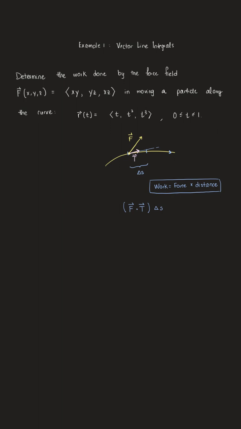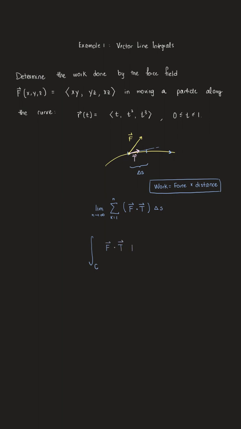Of course, then we want to add all of those contributions throughout the entire curve, as our parameter s, in this case arc length, goes from start to end. And when we take the limit, we have the same exact vector line integral that we came up with earlier in the previous video. It's just a slightly different interpretation, right?